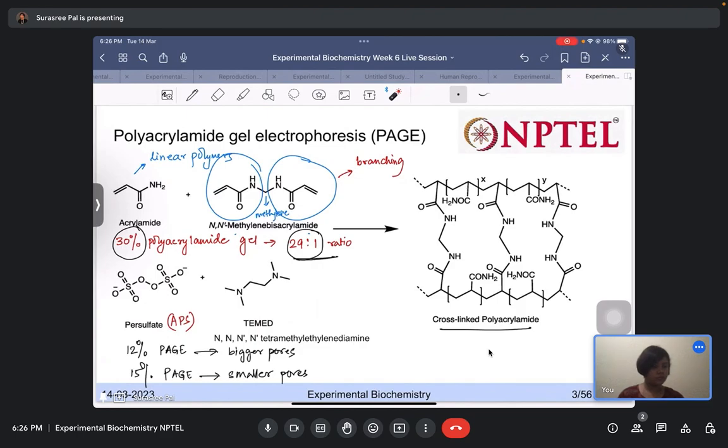So the role of APS is that it can generate free radicals, but this free radical generation is not enough for polymerization of the polyacrylamide. So what is additionally added in this gel is TEMED, because the ammonium persulfate can generate free radicals of this TEMED molecule, and then TEMED can initiate the polymerization reaction.